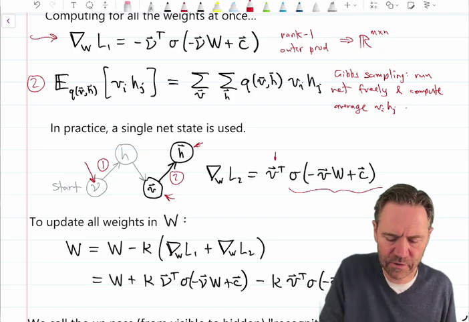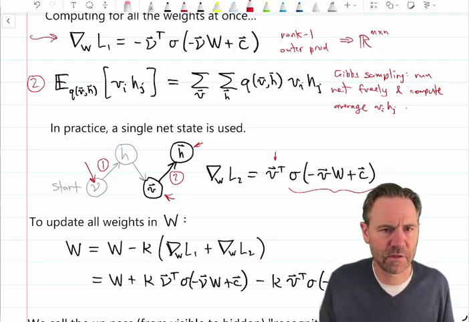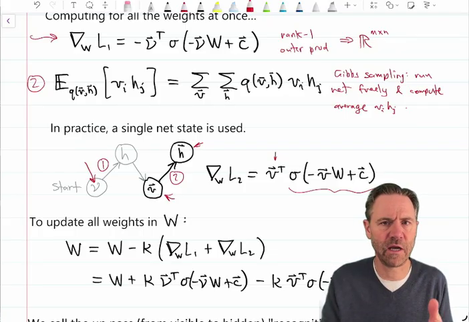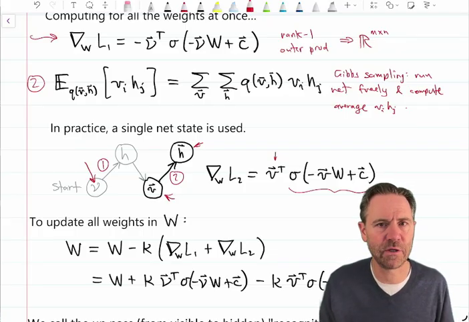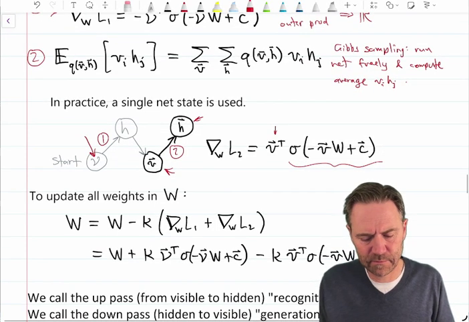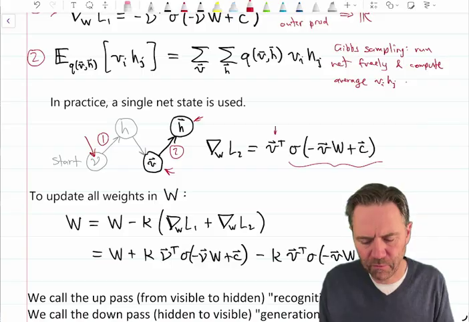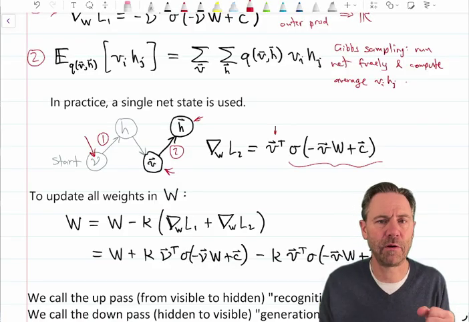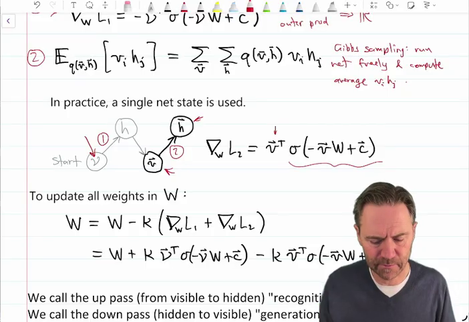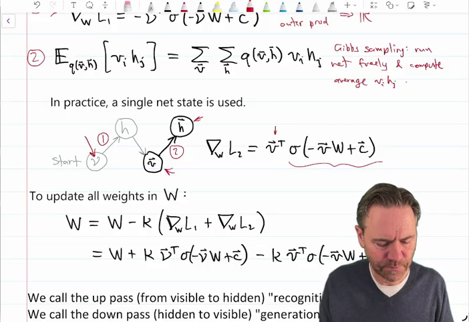But we're using the actual binary V's. You have to use the binary V's because if you don't sample the Bernoulli process to get the binary V's, then projecting up doesn't work properly. Okay, once we have the binary V's, we project up and then we get the Bernoulli probabilities of the H's, and we can use those Bernoulli probabilities for the H's directly. We don't have to sample those.